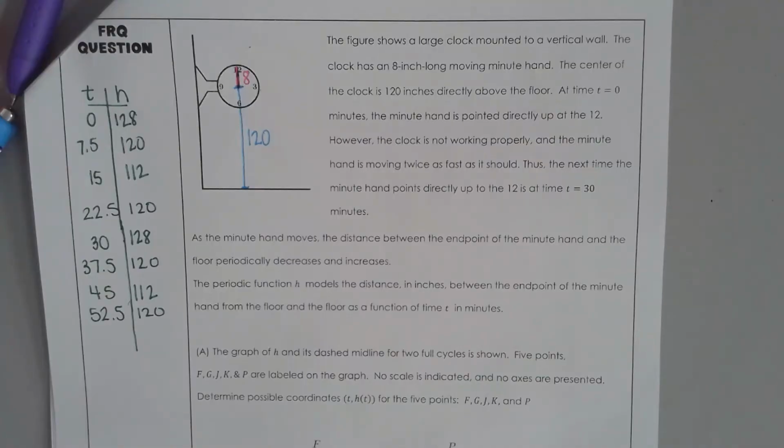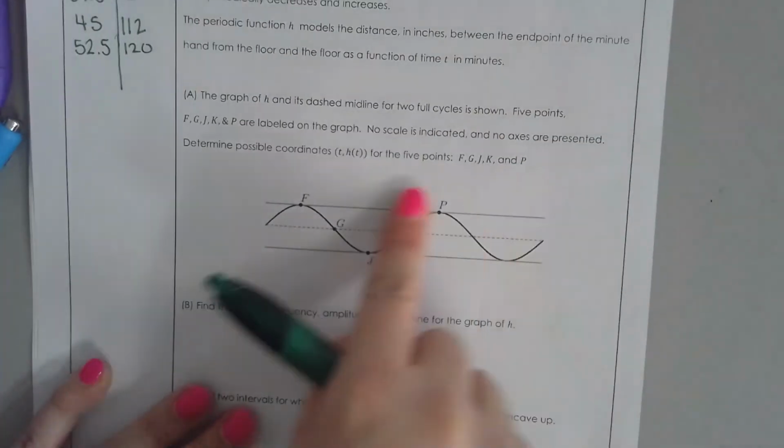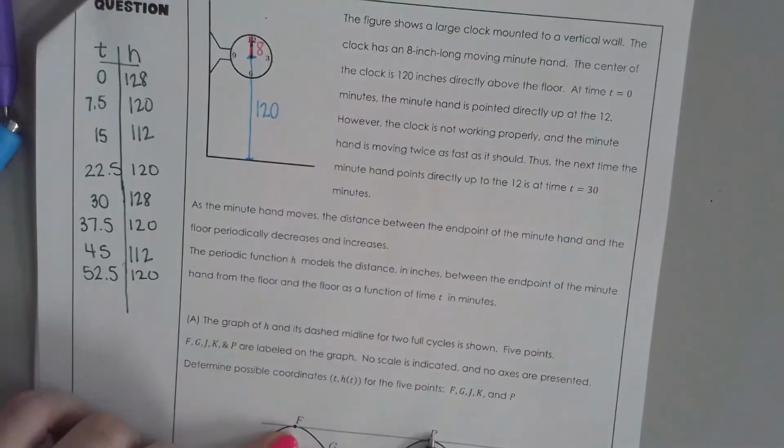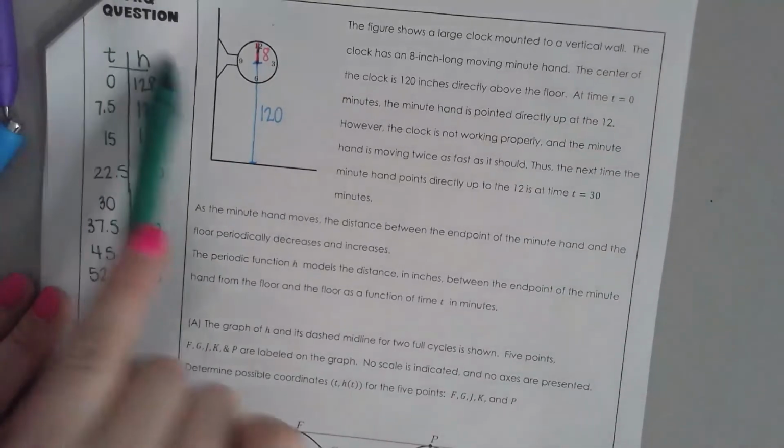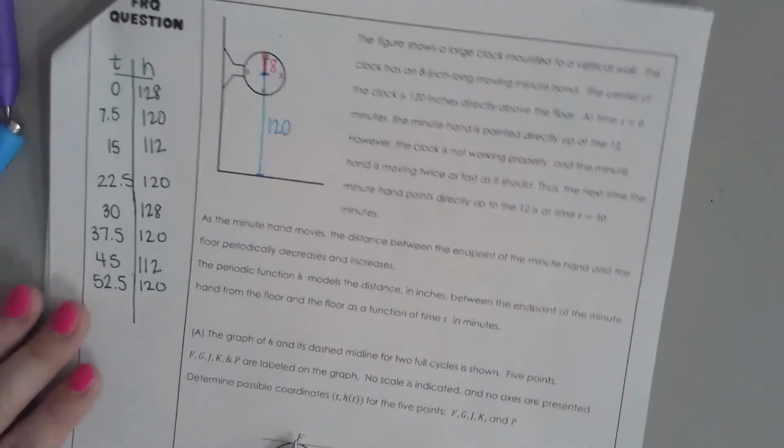And so when you are filling out your curve, you want to keep in mind that F and P are your highest, J is your lowest. So a lot of times, you will start out with your first one up here at F, but it's not guaranteed.